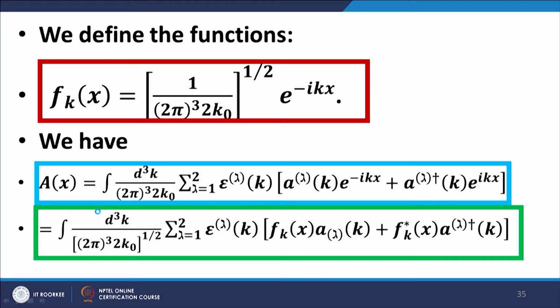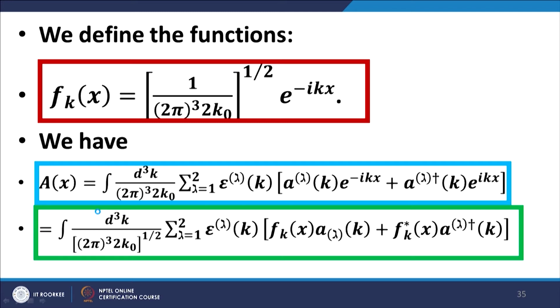Now, to get the expressions for the creation and annihilation operators, we can define functions in terms of the expressions given in the red box here, in which Ax can be represented in the expansion given in the green box at the bottom of the slide.